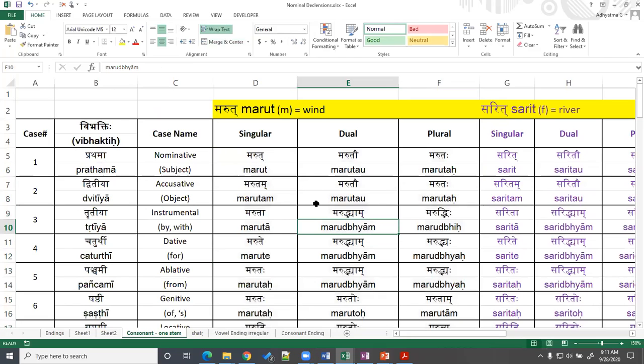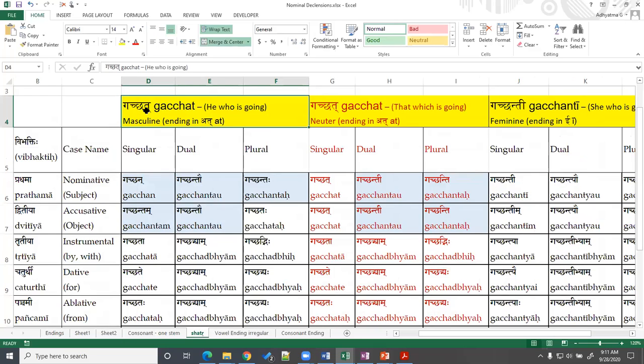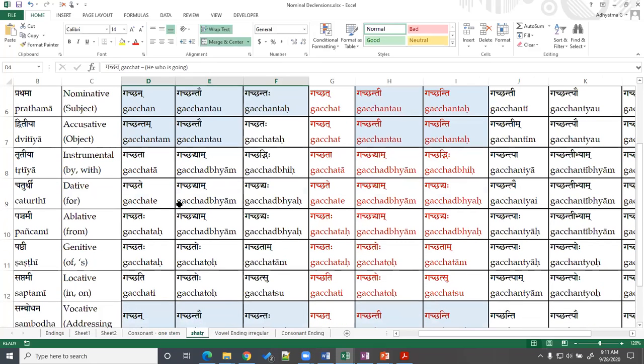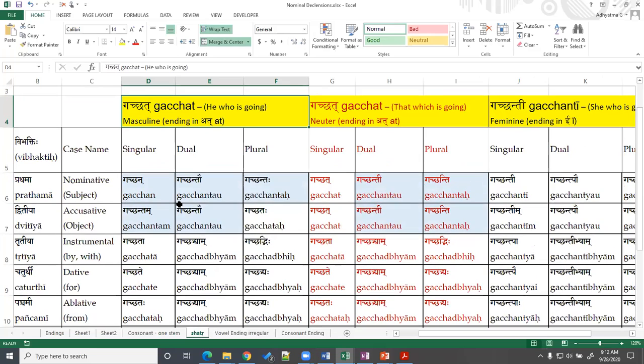And if you remember that we went through the table kind of logic, the original su, aujas, it is very easy to generate these forms. Now, this word is also ending in takara, gachat, but there is slight difference from marut kind of declensions.